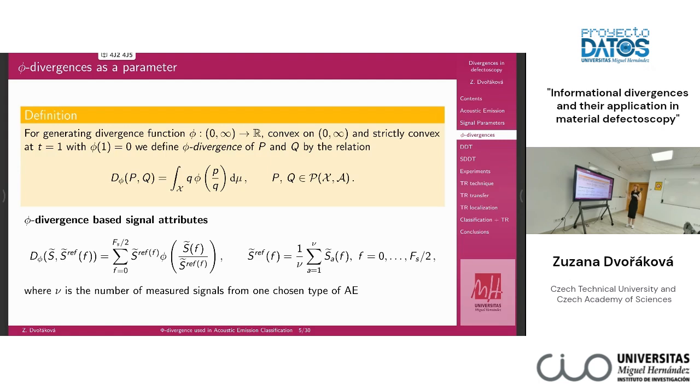From these spectra I take the average, and all other spectra of signals that I measure, I compare with this reference spectrum, and I obtain the divergence between normalized spectra and the reference spectrum.